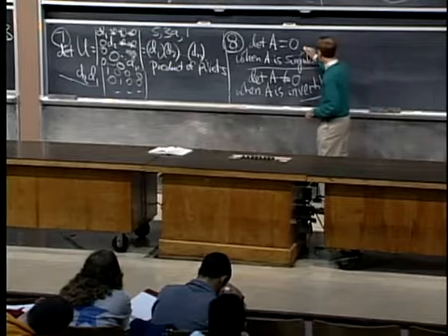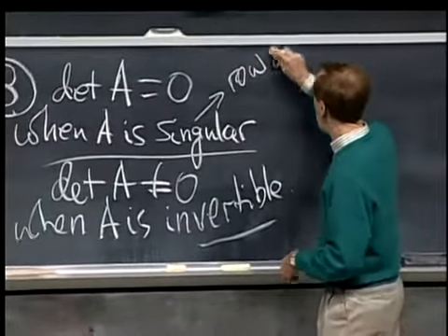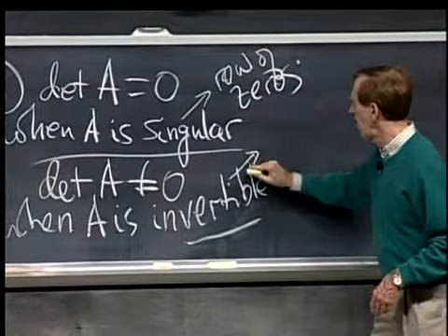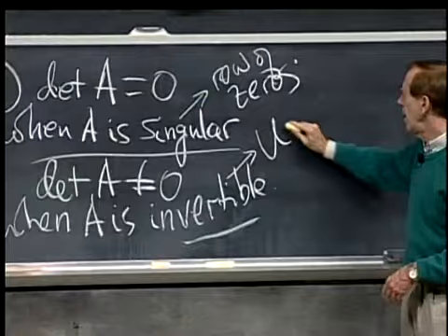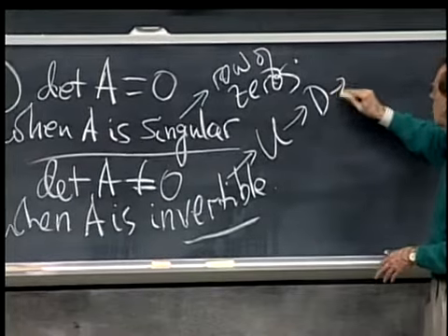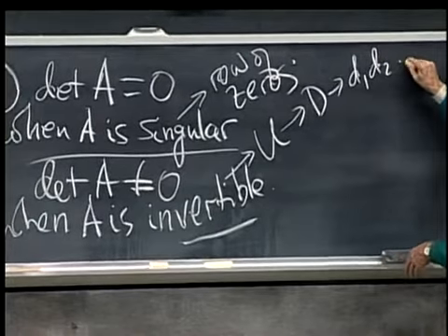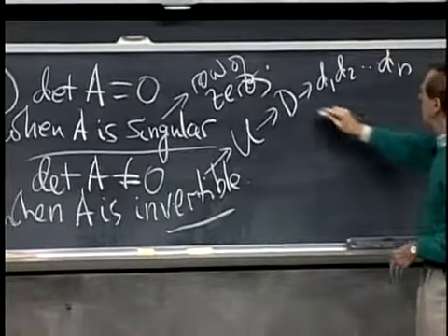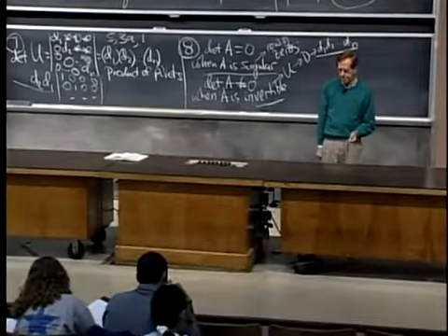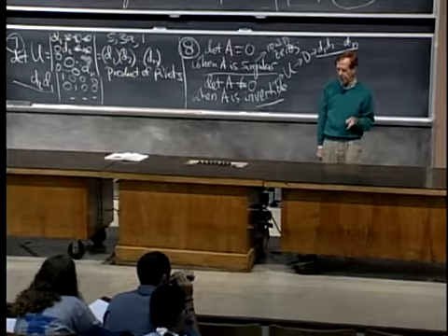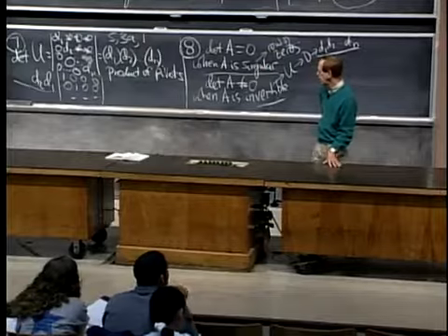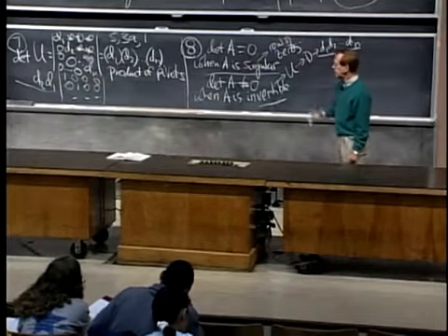If it's singular, I go to a row of zeros. If it's invertible, I go to U, and then to the diagonal D, and then to D1, D2, up to Dn, as the formula. So we have a formula for the determinant, and it's actually a much more practical formula than the AD minus BC formula.